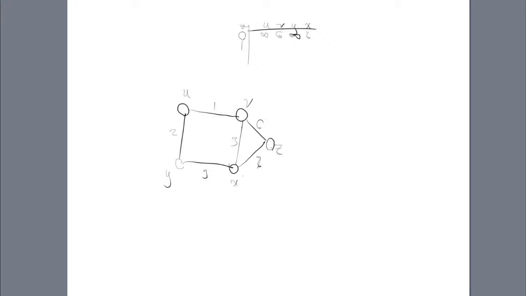V tells Z that the cost to get to U is 1 plus your cost, right, which is 6. So this is 7, and it's a horrible 7. Okay.